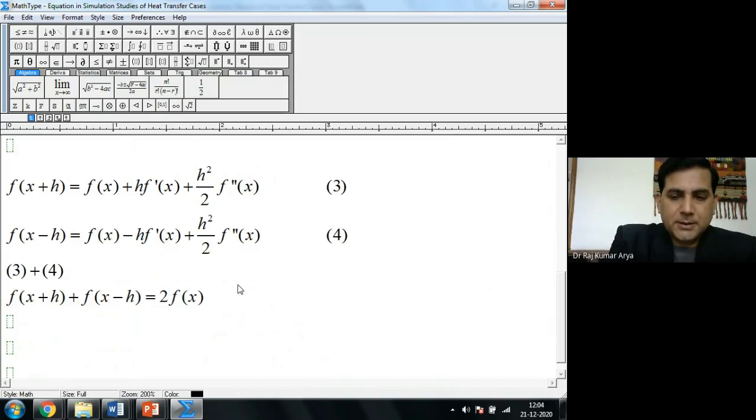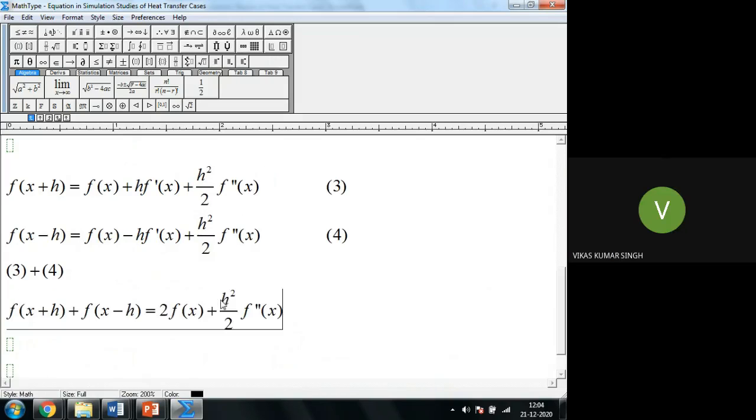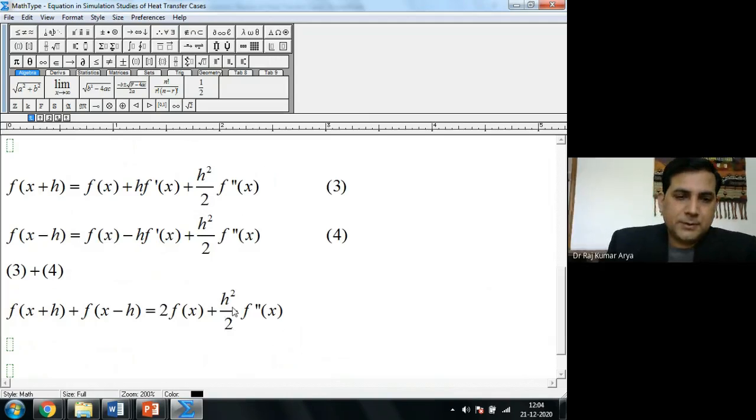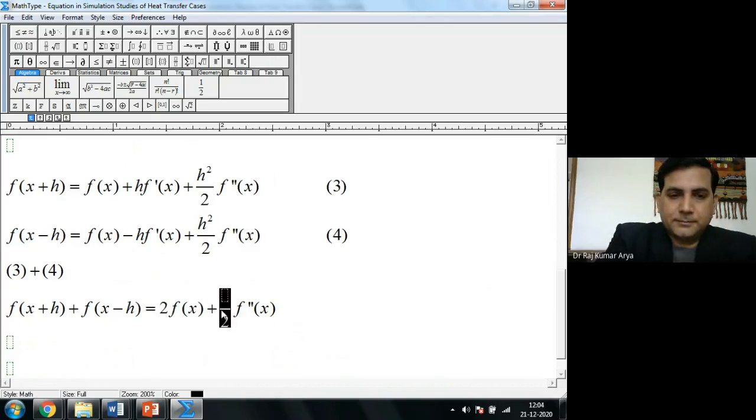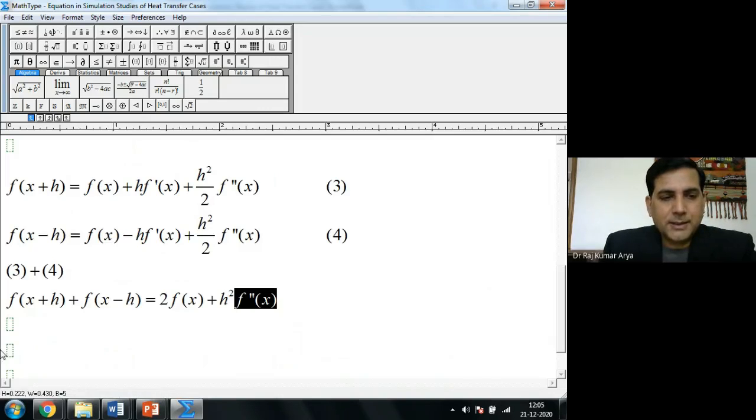Half would become full, right? h square f double derivative x. Now from here I can get my expression for the second derivative.